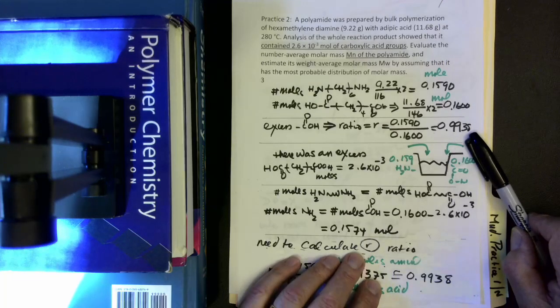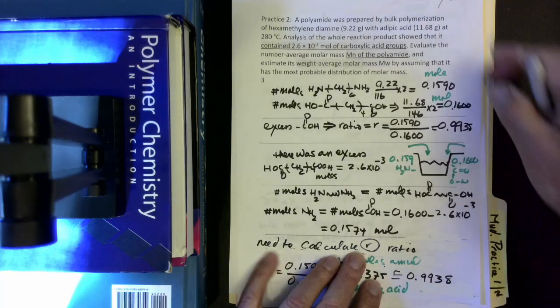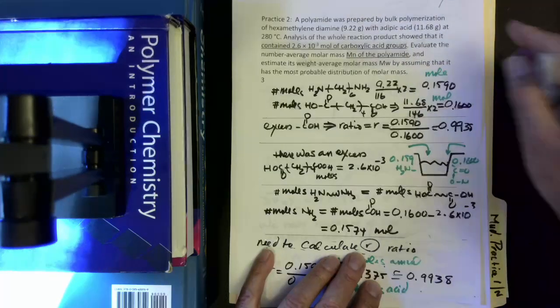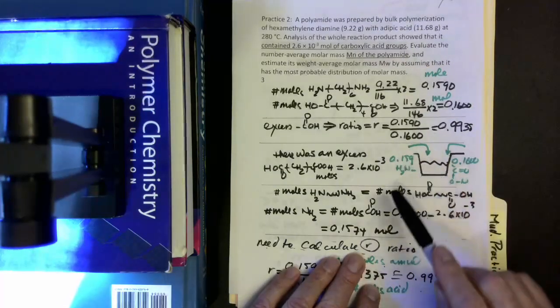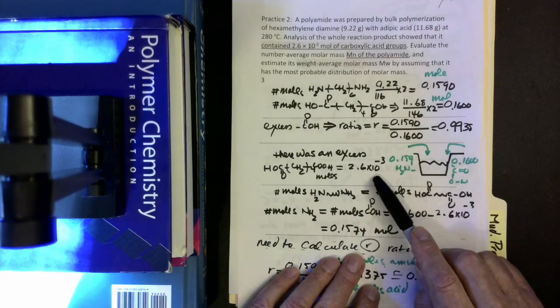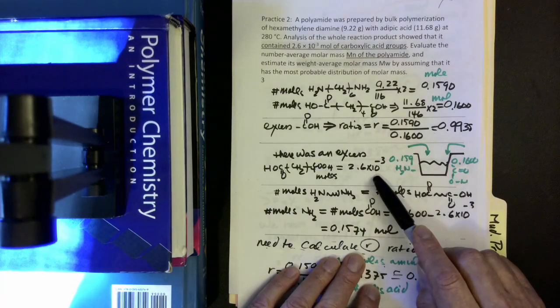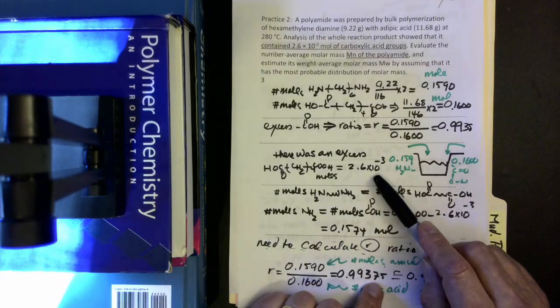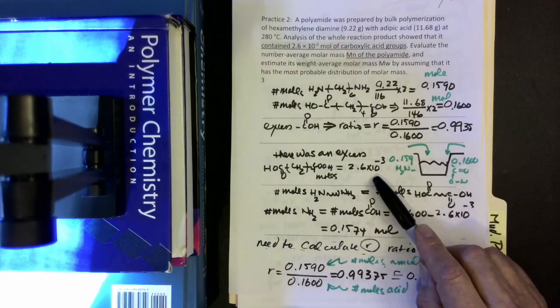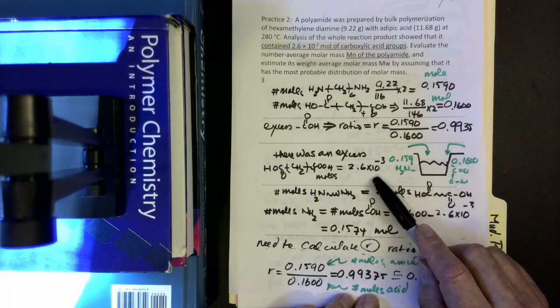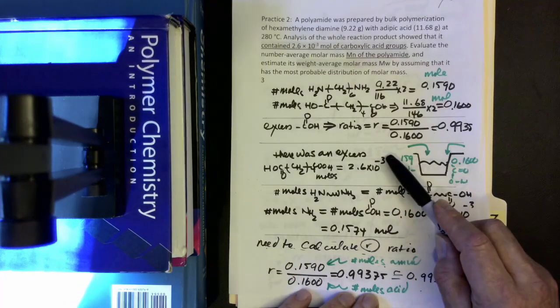Okay, so now look at the X's. What does that mean? It means that when we finish the polymerization and we measure how much carboxylic acid is left, it's a small amount, but we can use it. It's 2.6 times 10 to the minus 3 moles of excess carboxylic acid left.